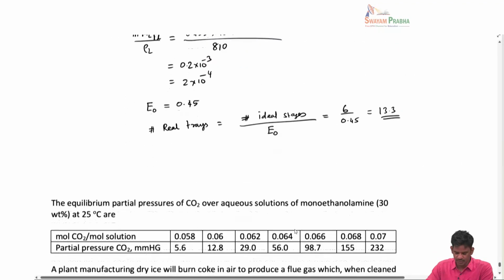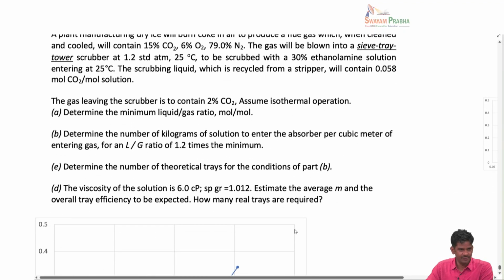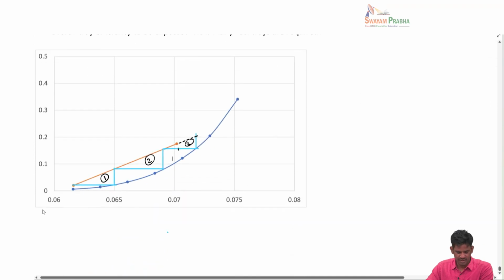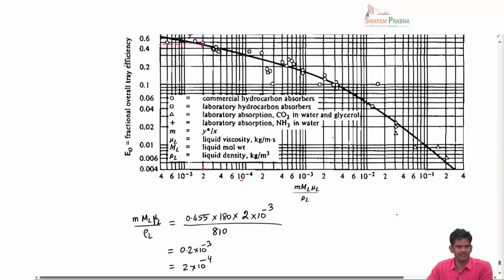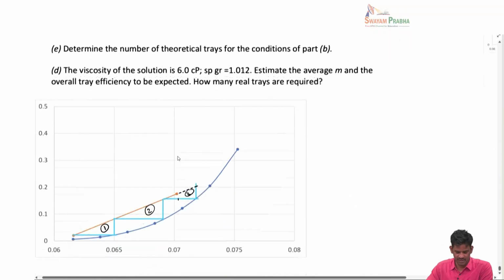So you have to calculate an average m value over the range of composition corresponding to the operating line. The operating line composition is changing from here to here. Over this range of x and y, find the average m value, and that m value you can use to calculate this x-axis value, and from there you can get the efficiency.